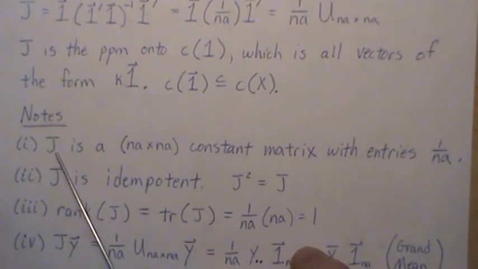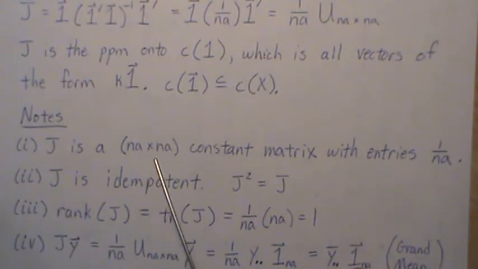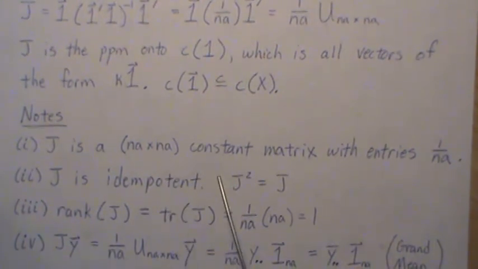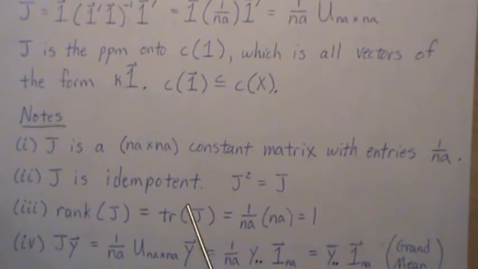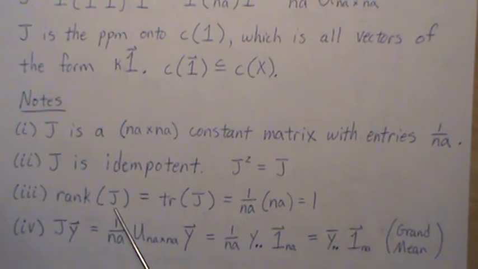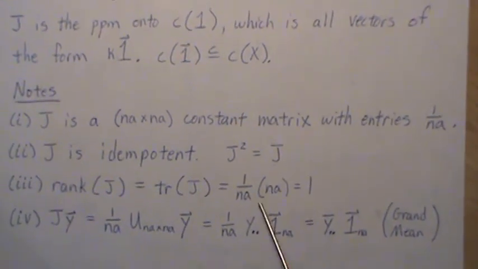A few notes: J is an na by na constant matrix with all entries 1 over na. J is idempotent, so J squared is equal to J. The rank of J, since it's idempotent, is the trace. If you add up the diagonal entries of the constant matrix, you get just 1.